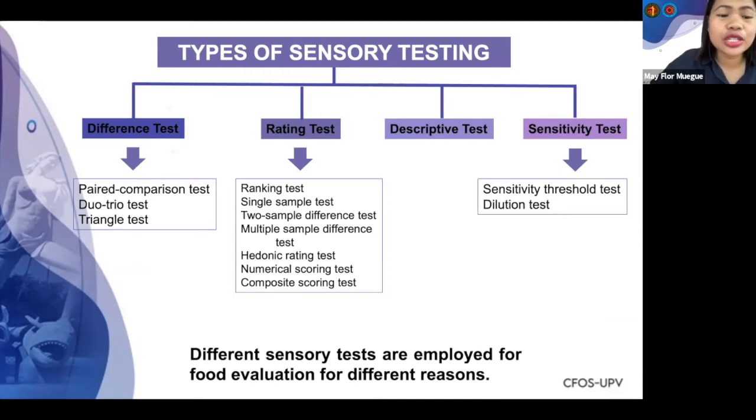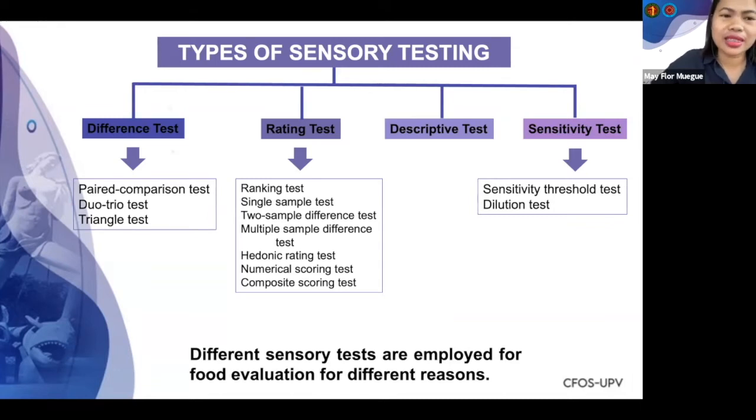Dapat when you conduct your sensory evaluation test, your panelist is neither gutom nor busog. Ayan. Ano naman yung reason? Bakit hindi pwedeng gutom na gutom si panelist o hindi din pwedeng busog na busog siya? Actually, mas hindi pwedeng gutom siya. Pwedeng okay na lang na busog siya, pero hindi pwedeng gutom siya.